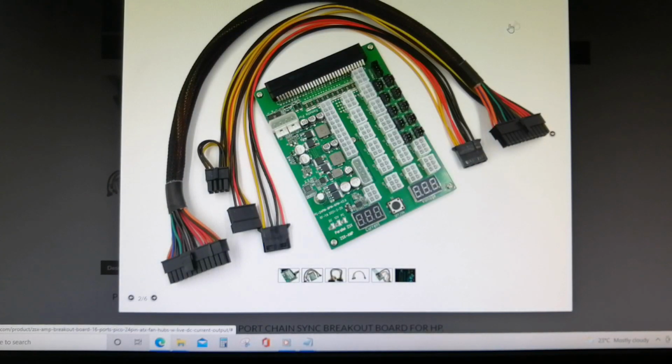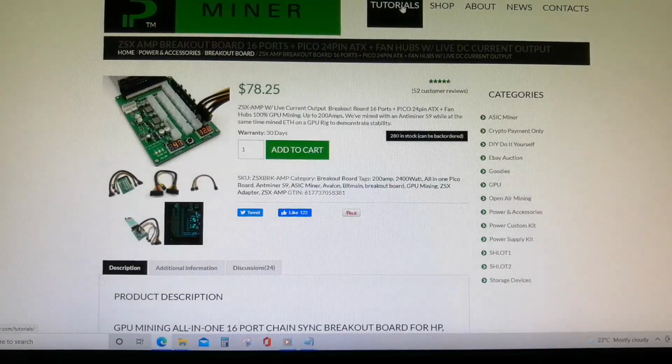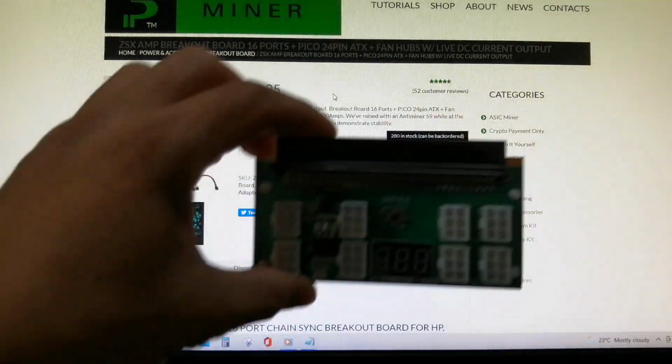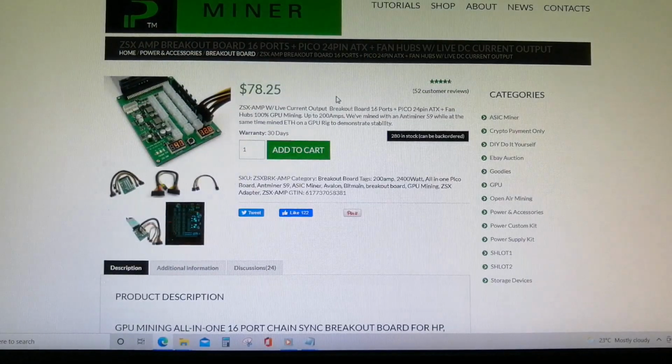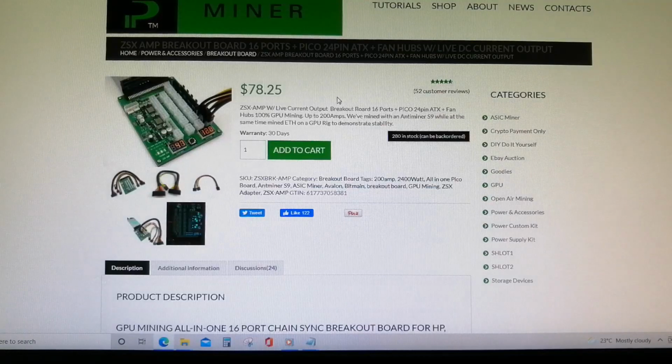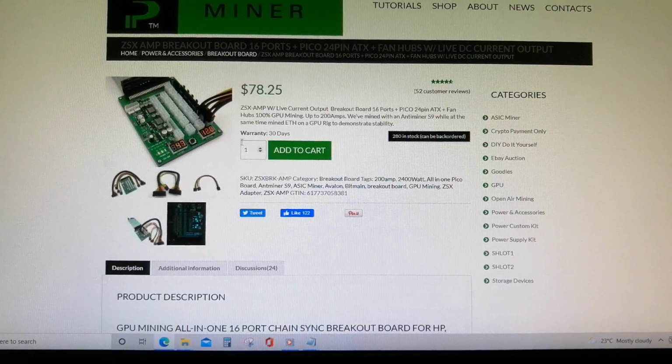But again, that is $78 compared to $8, which is this one here, and then like $15, which is this one here. But again, it depends on what you need.